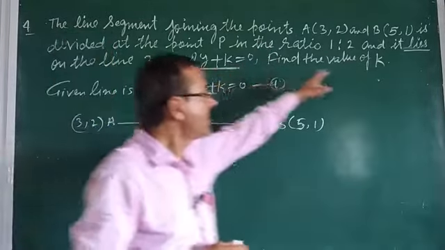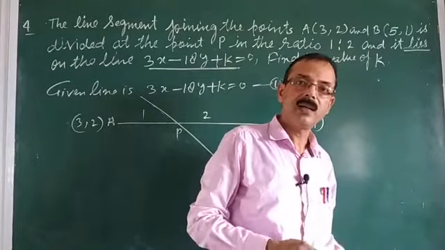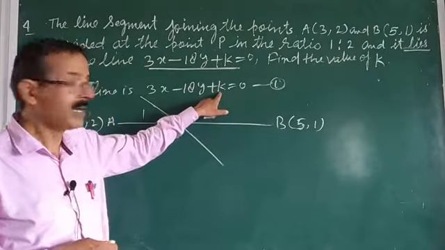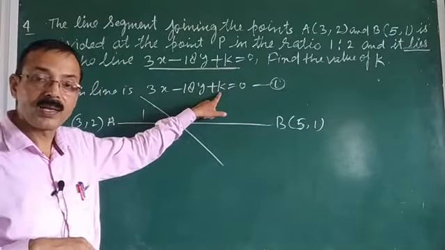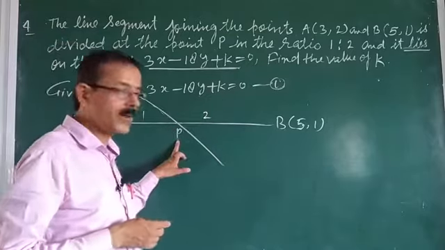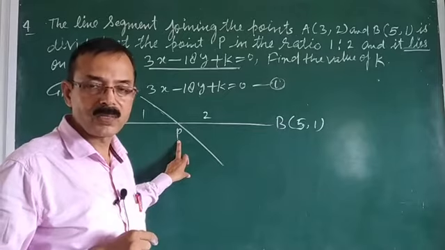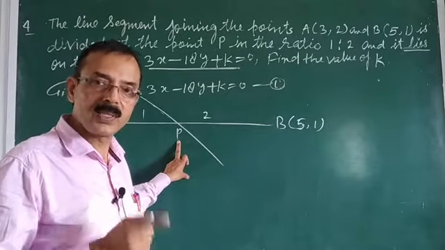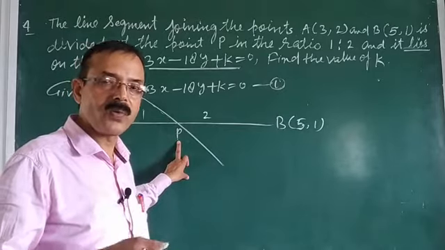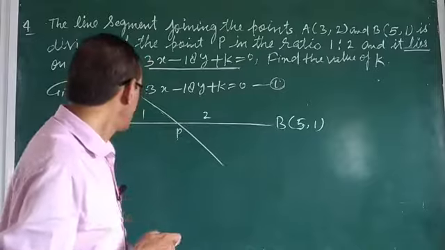But here it is already given that it lies, no need to prove it. What we have to find is the unknown value k; k is not known. So first we have to find the coordinates of P, by using the section formula: m1 x2 plus m2 x1 upon m1 plus m2, m1 y2 plus m2 y1 upon m1 plus m2.